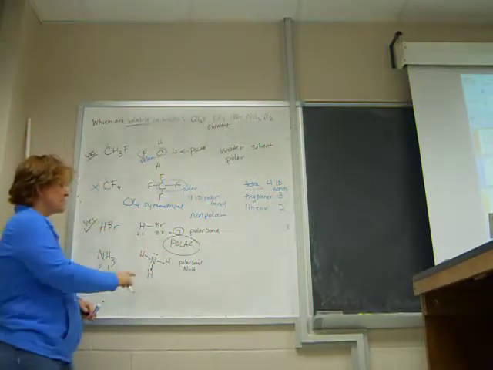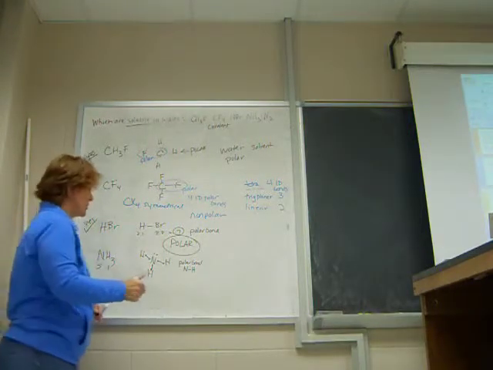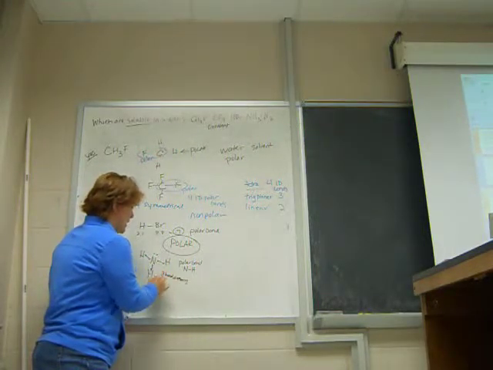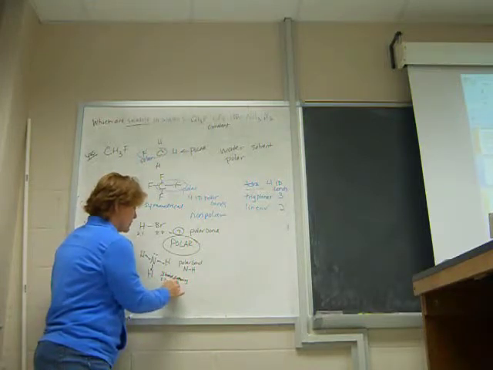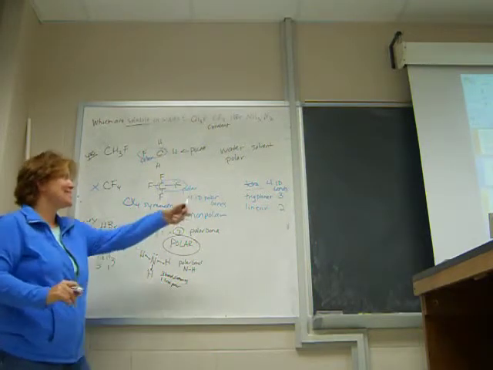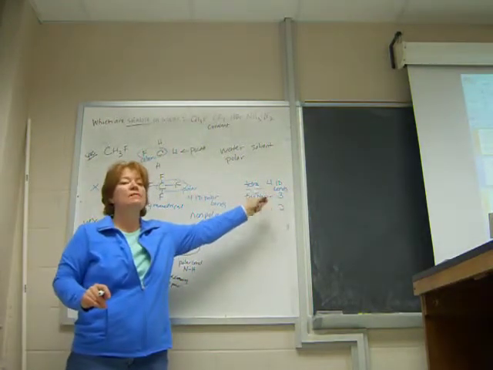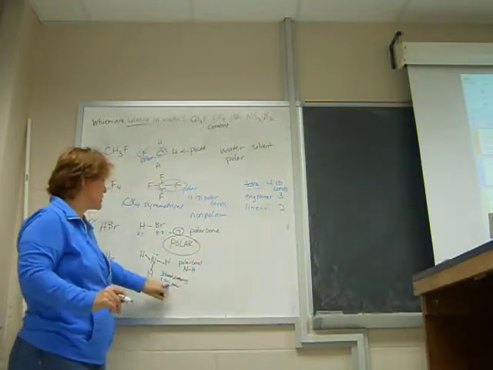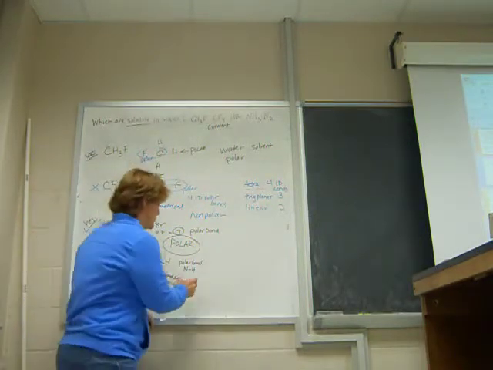So when I'm done, I do have a lone pair on nitrogen. So this has 3 bonding domains. It has 1 lone pair. And if I look on my table for shape, that is not trigonal planar. Trigonal planar has 3 bond domains and 0 lone pairs. This is trigonal pyramidal.